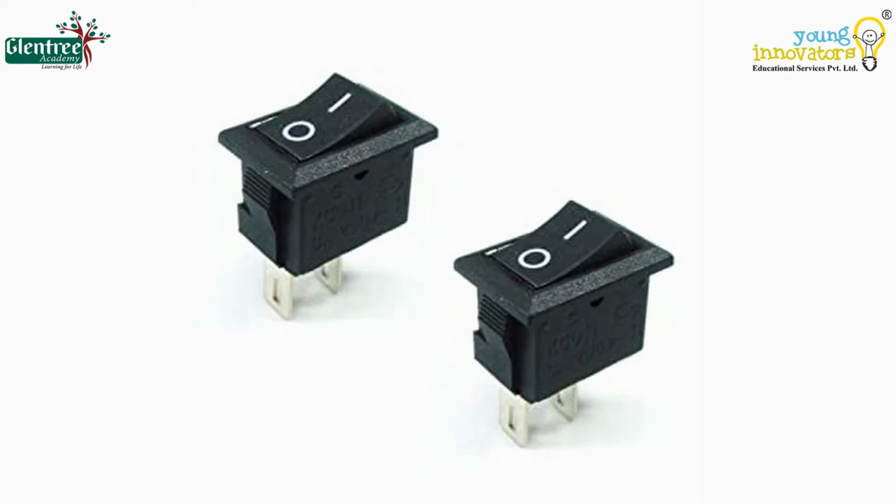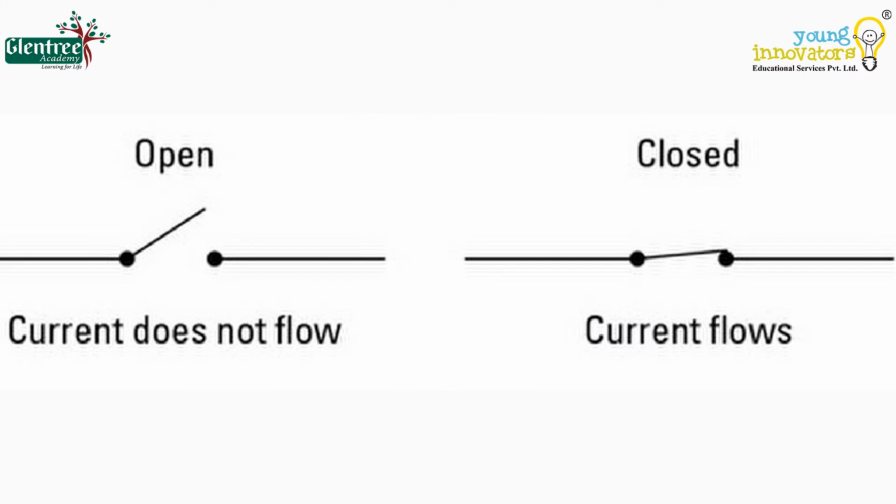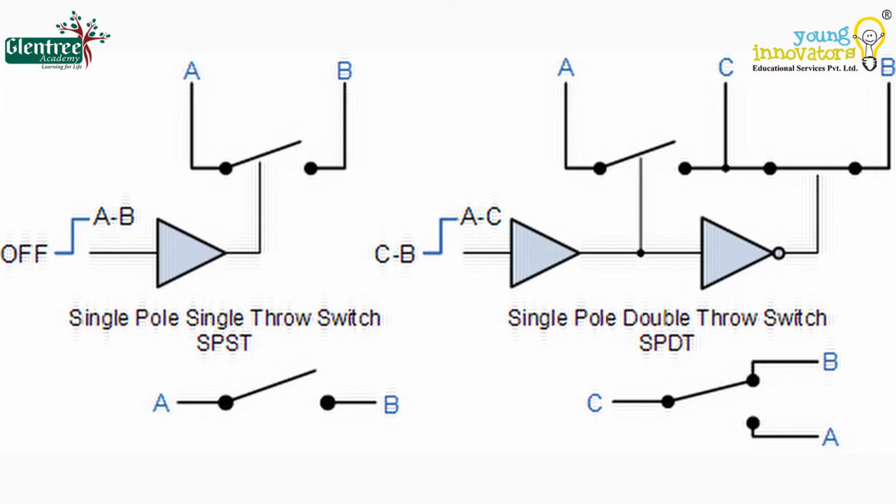A switch must have at least two terminals, one for the current to enter and one for the exit of the current. Most of these terminals are referred to as throws and poles. The number of poles in the switch defines the number of separate circuits the switch can control.